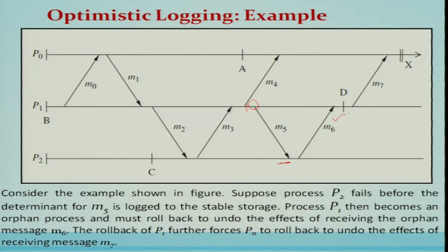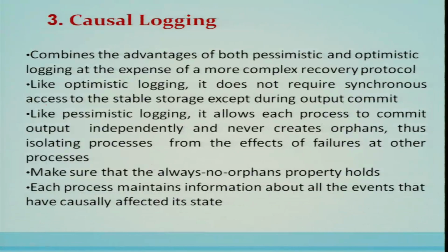The rollback of P1 further forces P0 to roll back to undo the effects of receiving message M7. Why? Because this will become an orphan message, its send is not recorded, so it has to roll back at this point. So this is called optimistic logging.